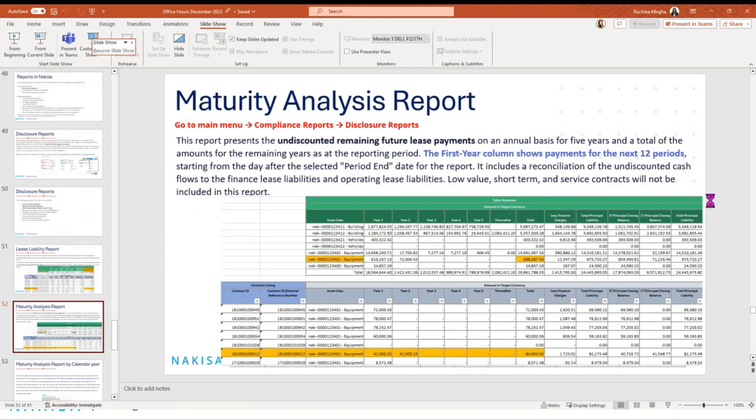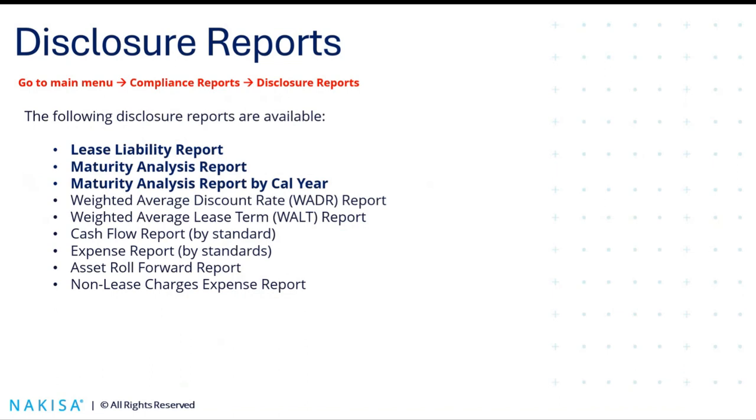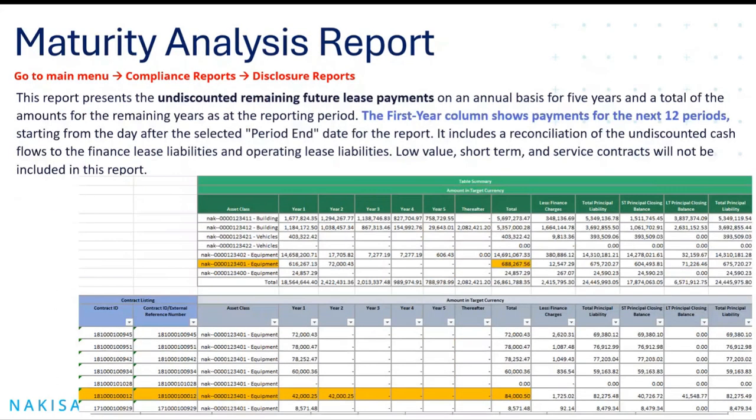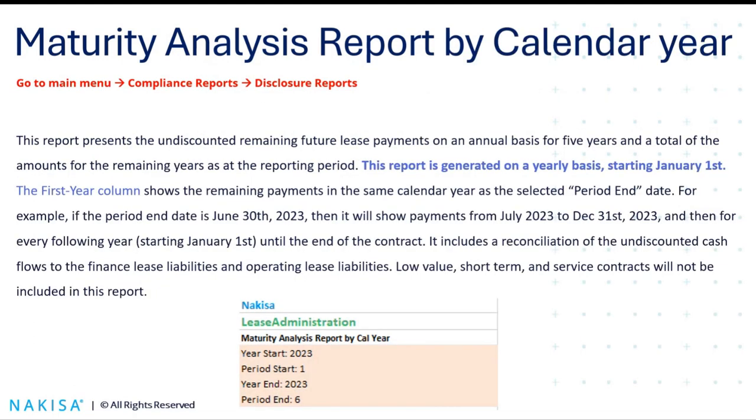Here we see that the maturity analysis report will show us the payments for the next 12 months in the first column, and similarly it will show the other 12 months following for each of the next 5 years. Whereas the maturity analysis report by calendar year will show us each year, starting from Jan 1st to December 31st.